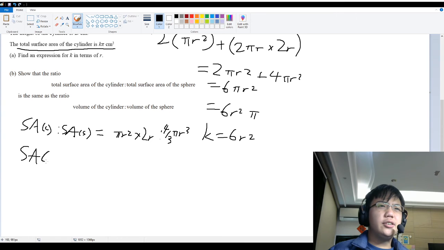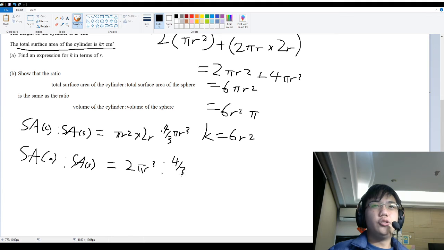This gives us the surface area of the cylinder to the surface area of the sphere equals 2 pi r cubed to 4 over 3 pi r cubed.